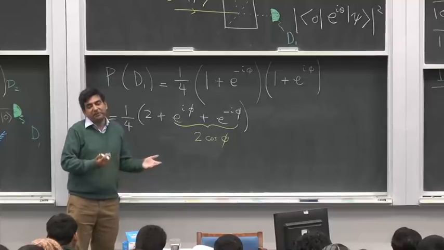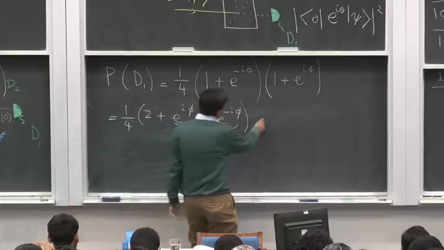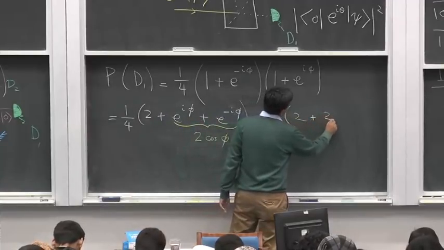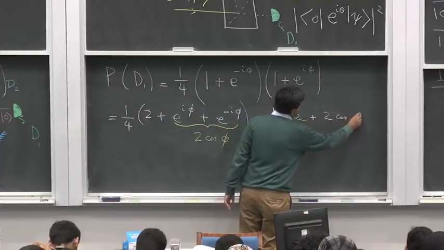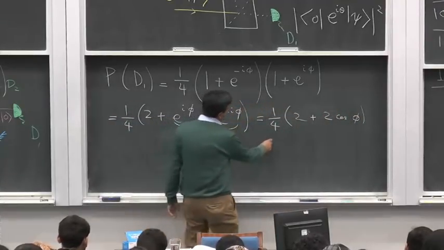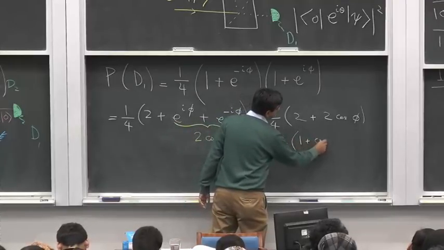These become your second habit if you do enough of physics and math. So this becomes 1/4 (2 + 2 cosine φ). This becomes 1/2 (1 + cosine φ).